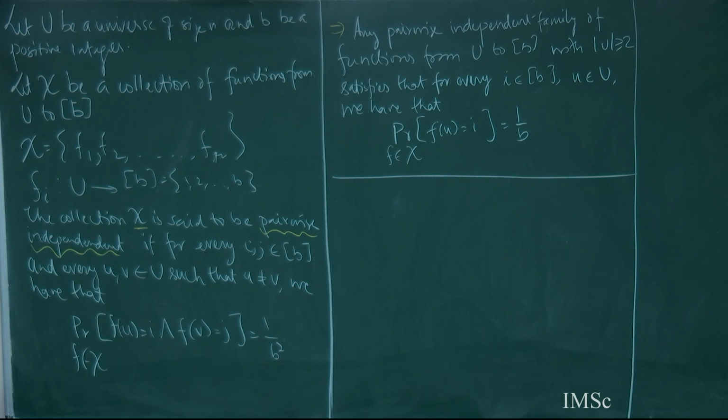Just sum over everything. That's it. So if u takes i, just fix another v, it takes something, something, and if you sum over that, it's B times 1 over B squared. So it is 1/B. This is it, right?